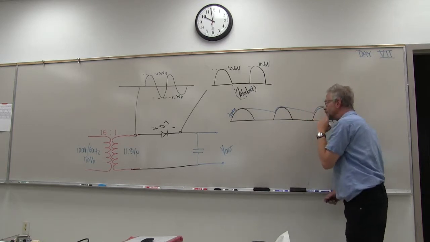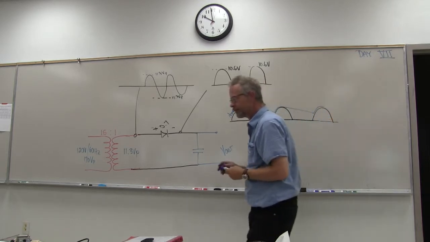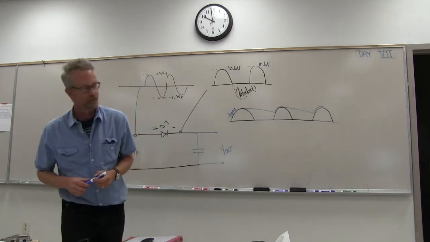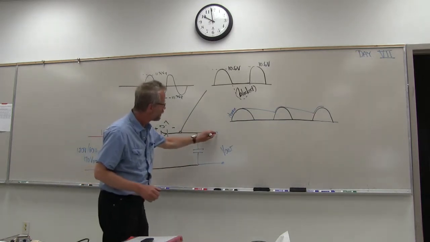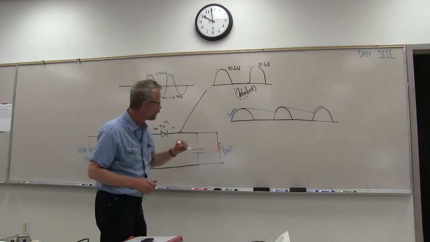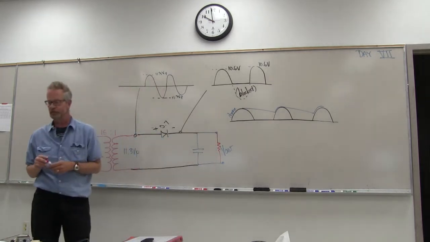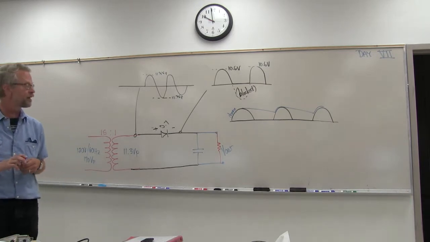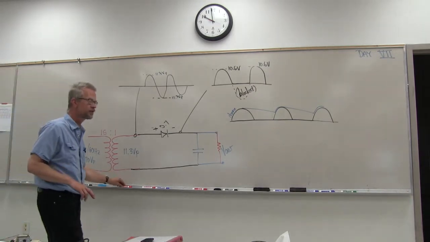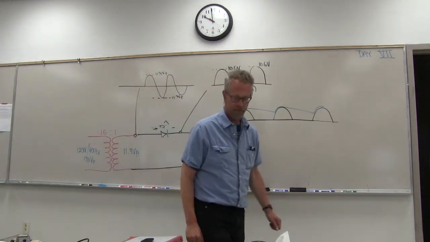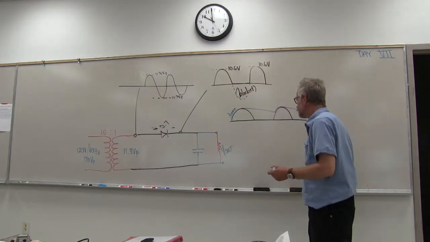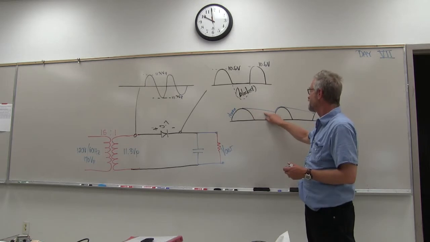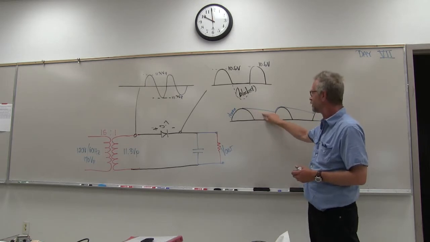Charges back up. And where does it discharge? It discharges through whatever we have connected up to it. Whatever load resistance we have connected up to it is what it discharges through, based on an RC time constant here.